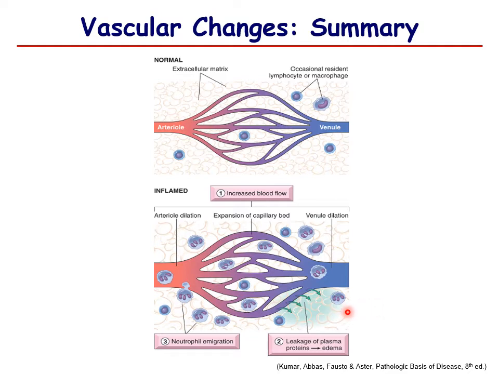And due to stasis and leukocyte binding to the vascular endothelium, the leukocytes, mainly neutrophils, migrate out of the blood vessel into the tissue.